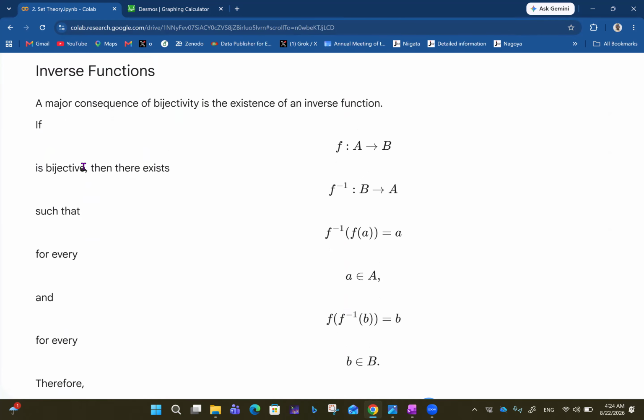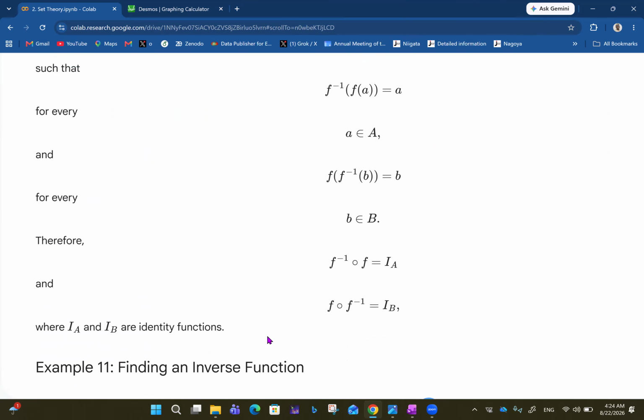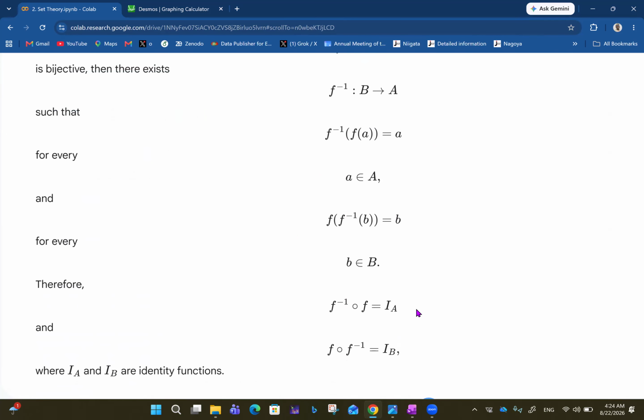So if f maps A to B is bijective, then there exists f inverse which maps B to A, such that f inverse of f of a is actually a for every a belonging to A, and f of f inverse of b is b for every b belonging to B. Therefore, f inverse composed with f is I sub A, and f composed with f inverse is I sub B, where I sub A and I sub B are identity functions. We can talk about that in the context of addition and multiplication: we have additive inverse, multiplicative inverse, and things like that.